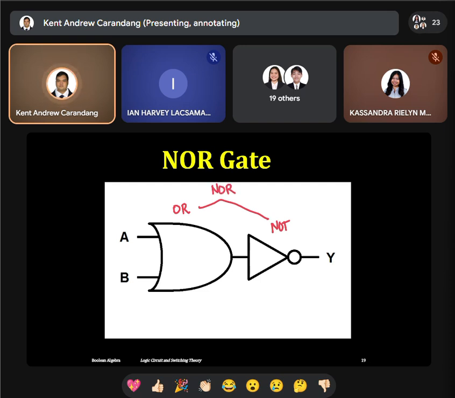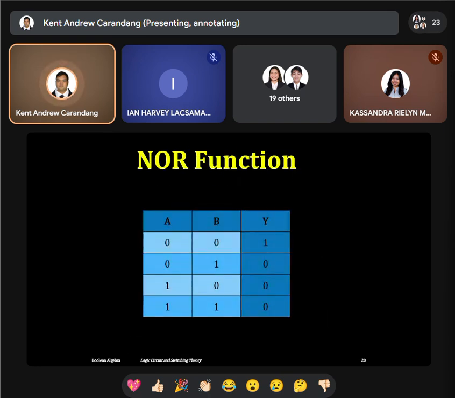We separate the schematics to understand that the NOR gate is NOT OR. Next, the NOR function is just the opposite of the outputs. In the OR, it is 0, 1, 1, 1. For the NOR, it is just the opposite of the OR.